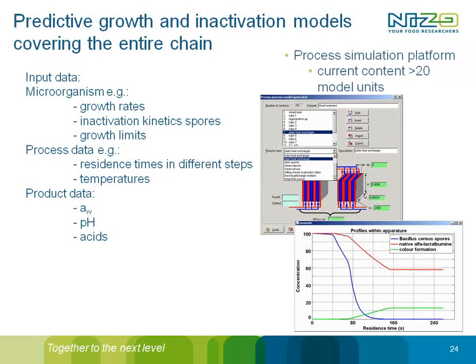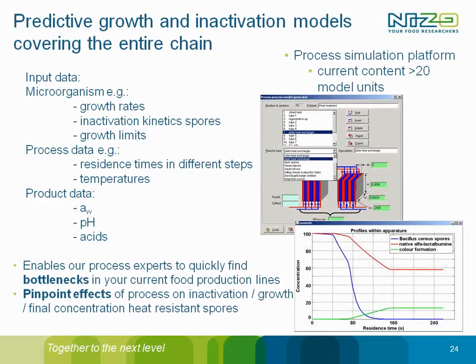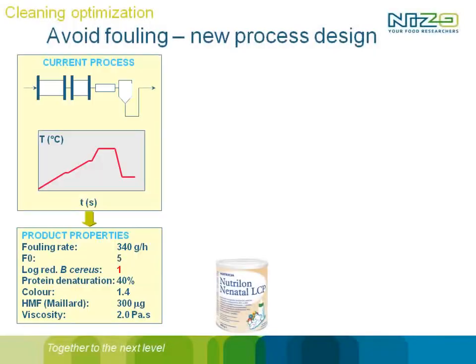And actually, NISO Premia contains more than 20 model units. And we use it a lot for debottlenecking or pinpointing effects of your process on whatever kind of property you would like to see. An example, probably that's the easiest way to show it. We had a case, and we're actually working on a confidential basis.